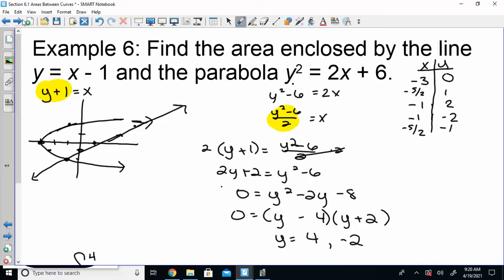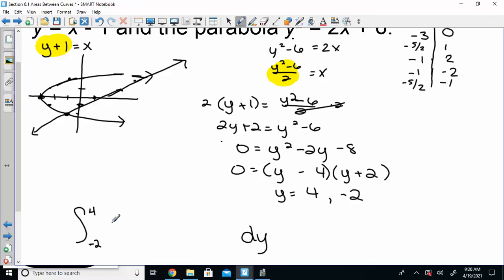So the curve on the right is the line, which is y plus 1, minus the curve on the left, this parabola looking thing, which we are using y squared minus 6 over 2.